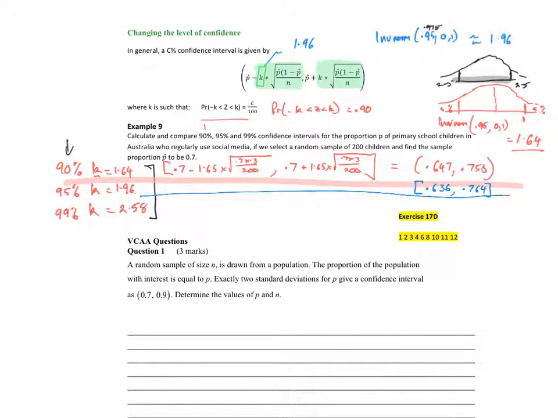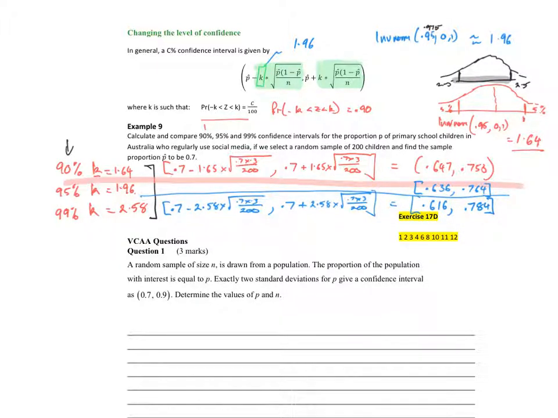And now if I want my 99% confidence interval, I'm going to have 0.7 minus 2.58 times the square root of 0.7 by 0.3 over 200, to 0.7 plus 2.58 times the square root of 0.7 by 0.3 over 200, which will give me an interval of 0.616 to 0.784.